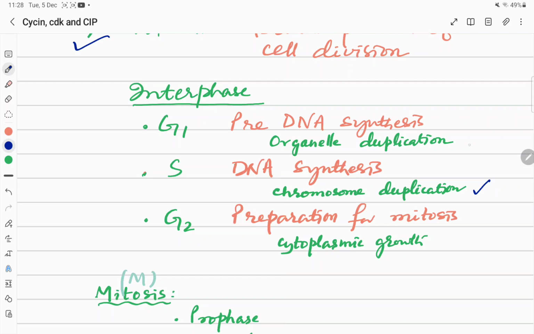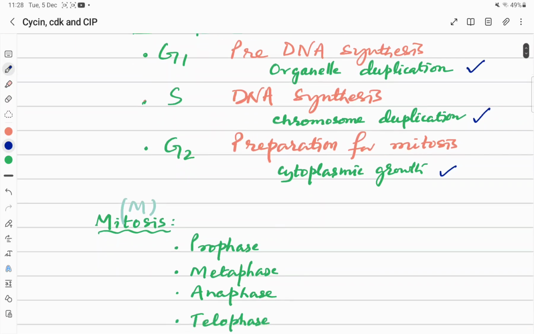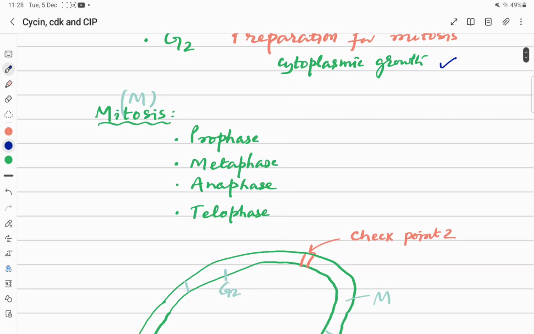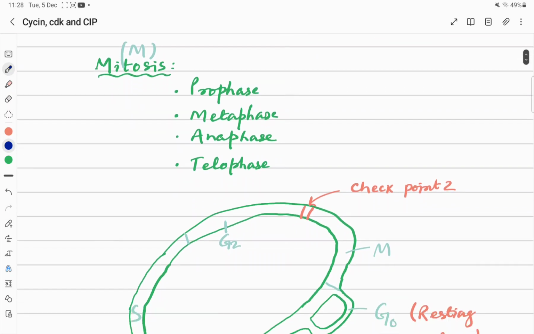In the G1 phase there is duplication of the organelles, and in G2 there is cytoplasmic growth, and the cell is preparing itself for mitosis. Mitosis consists of four phases: prophase, metaphase, anaphase and telophase.